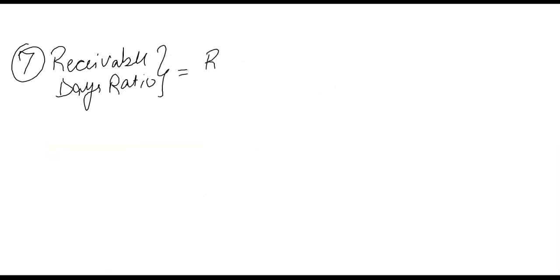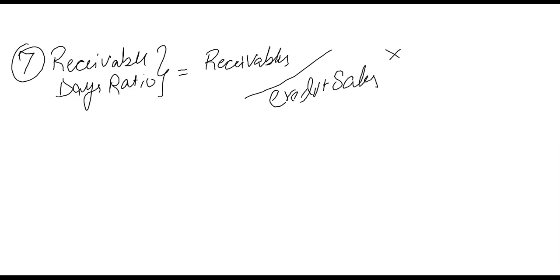is equal to receivables, or I can safely say the closing receivables, divided by credit sales, whole multiplied by 365. Or let's suppose we are not given the credit sales, so we can use this formula as well.